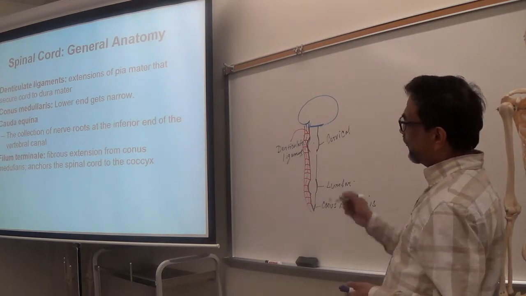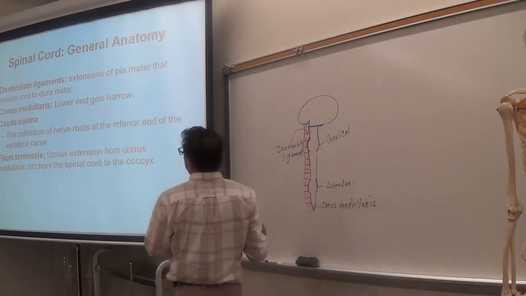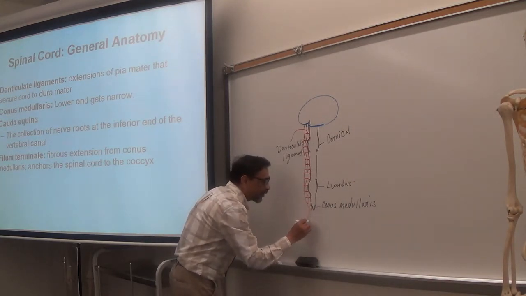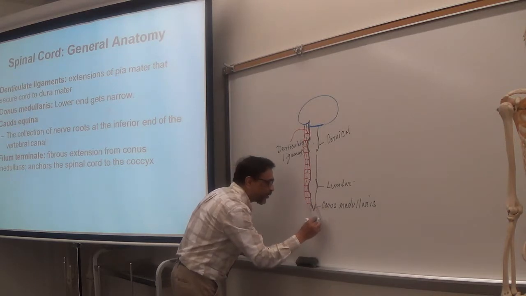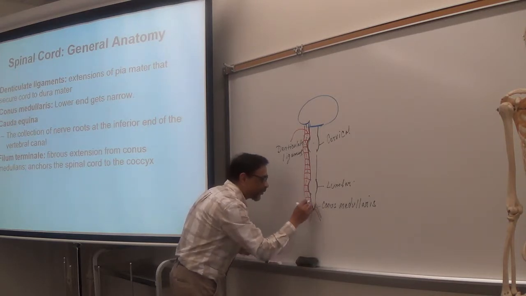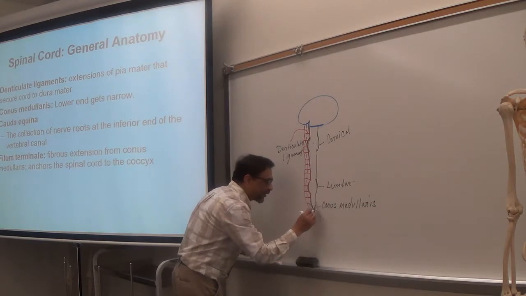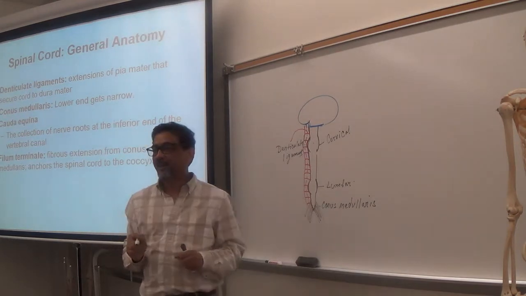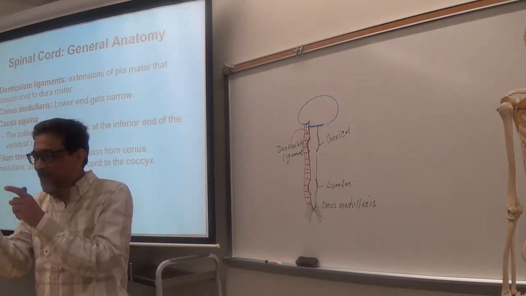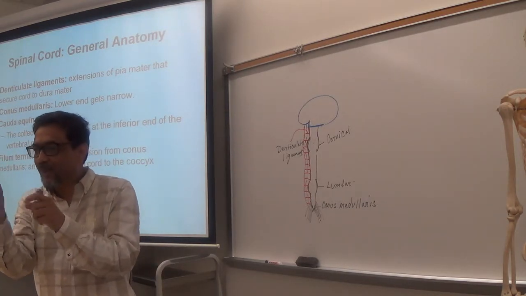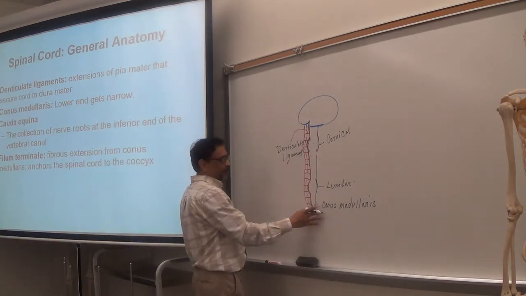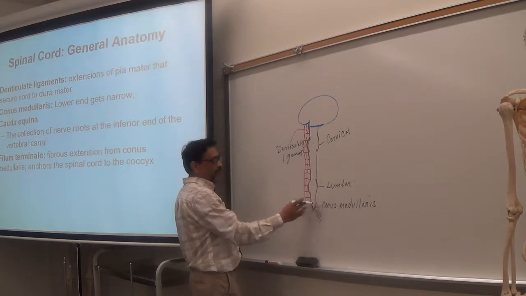Then from the lower end of the spinal cord, many nerve roots, these are called nerve roots, arise like this and form a bunch of nerve roots which looks like horse tail. Have you seen the tail of the horse? So it looks like a tail of the horse.